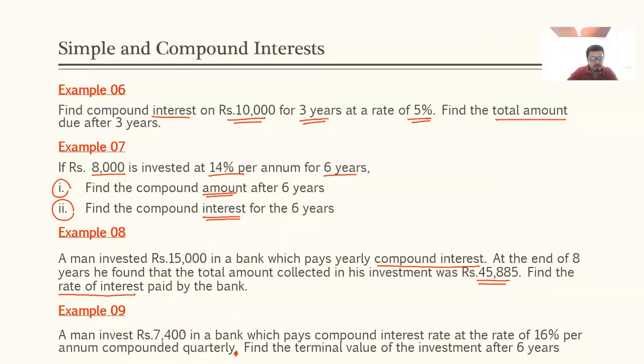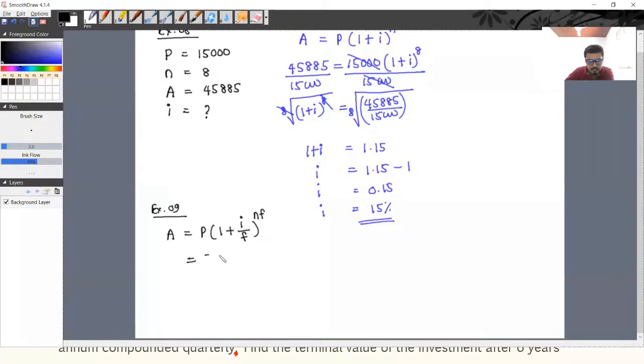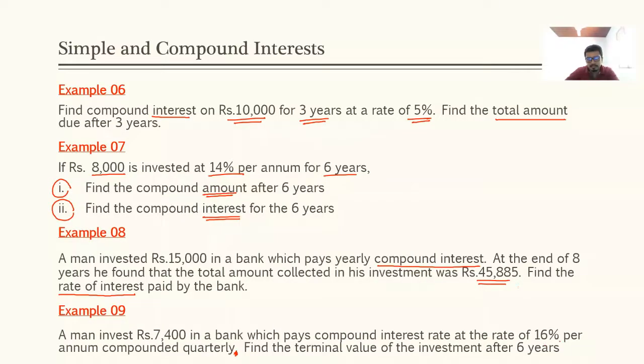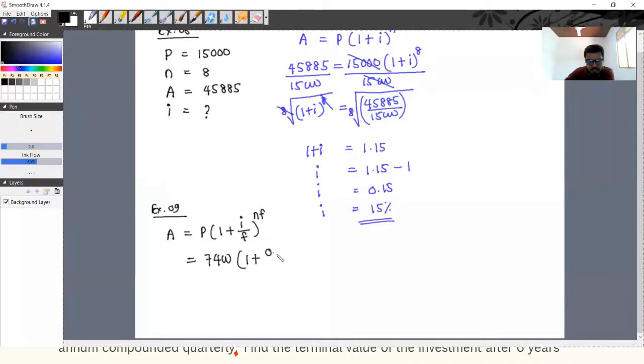Principal amount is 7,400. 7,400 into 1 plus, what is the value of I? That is 16%, 16% per annum. It means the value of I is 0.16. What is the value of F?